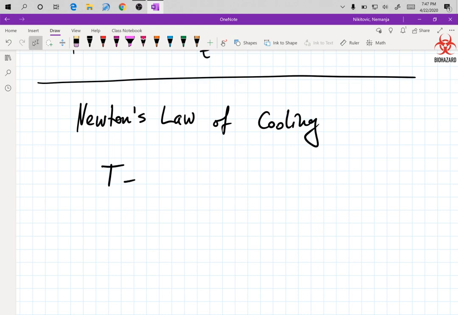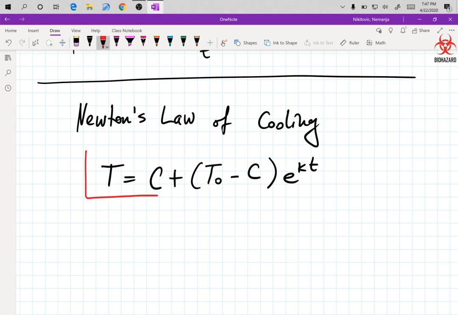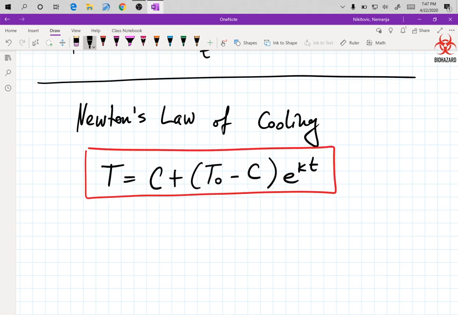The formula is T equals C plus (T0 minus C) e to the KT. T is the temperature. C is the room temperature.